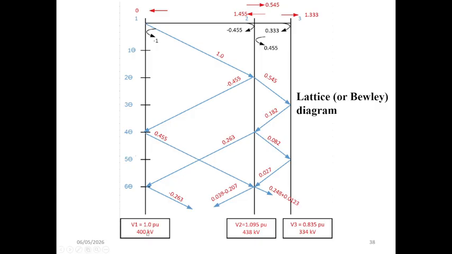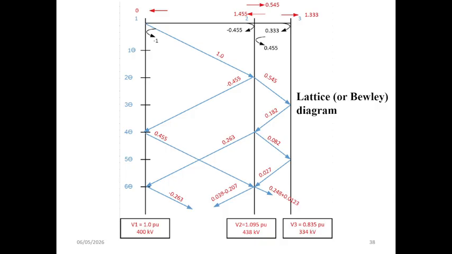V1 is equal to 1 per unit, 400 kilovolt. V2 is equal to 1.095 per unit or 443 kilovolt, and V3 is equal to 0.835 per unit.